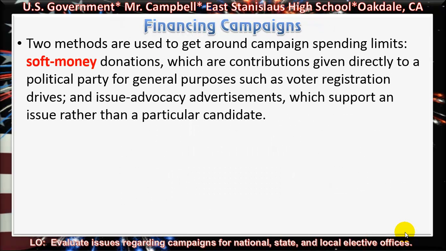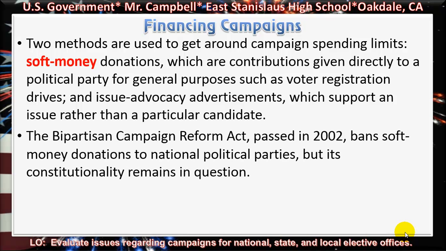Financing campaigns. Two methods are used to get around campaign spending limits. Soft money donations, which are contributions given directly to a political party for general purposes such as voter registration drives, and issue advocacy advertisements, which support an issue rather than a particular candidate.